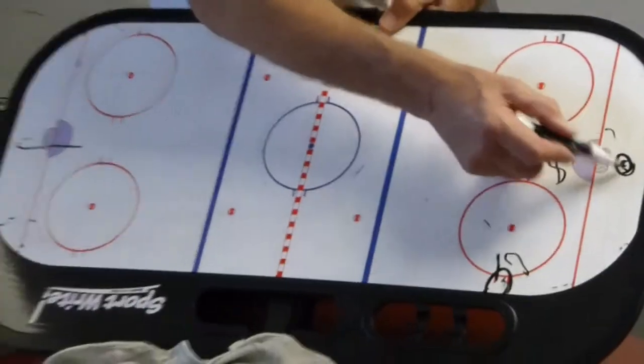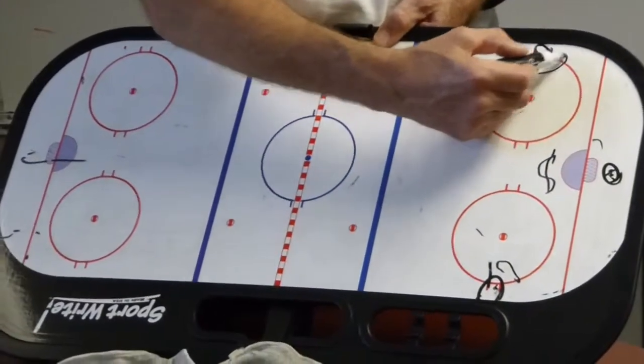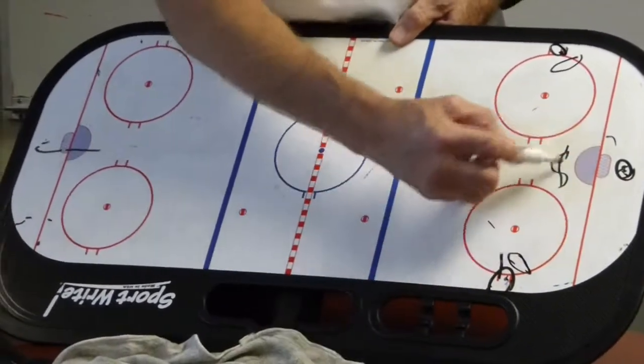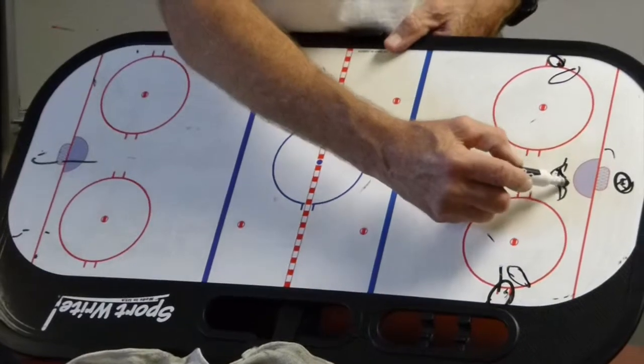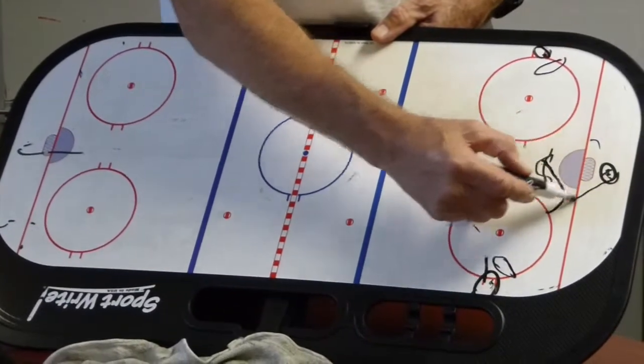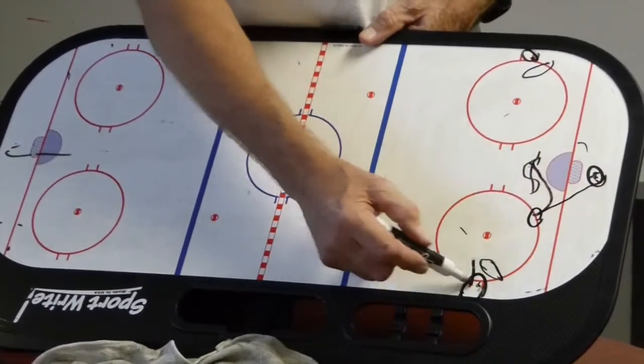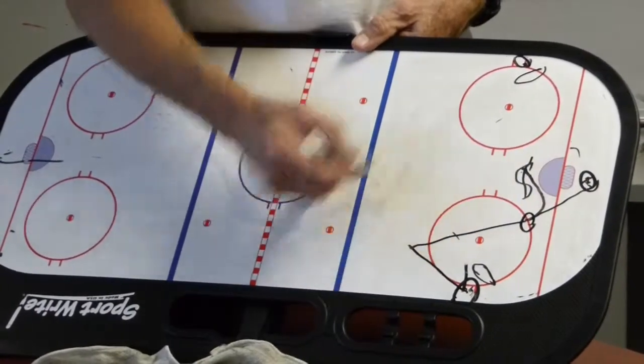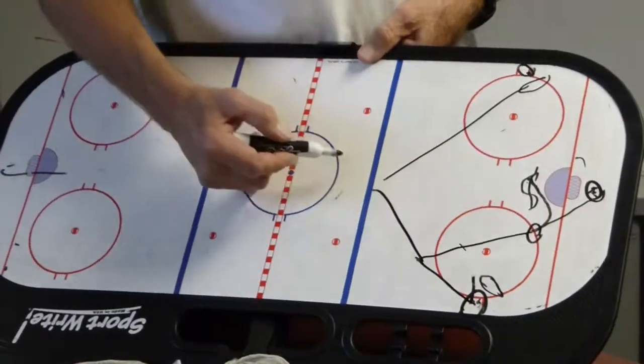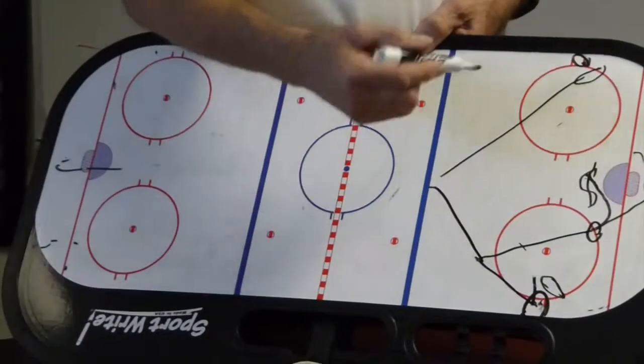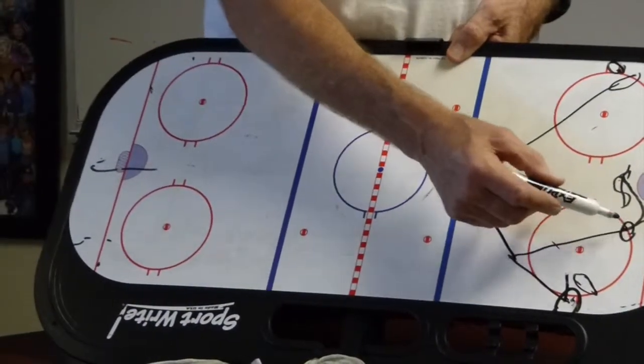The guy comes in, he sees the breakout's starting, so their D gets between us. There's no pass. At that point, the center just curls, and he hits him right here. Then this wing comes off, and he hits him. Then this wing comes across, and he hits him. So the breakout is still on the weak side, kind of.